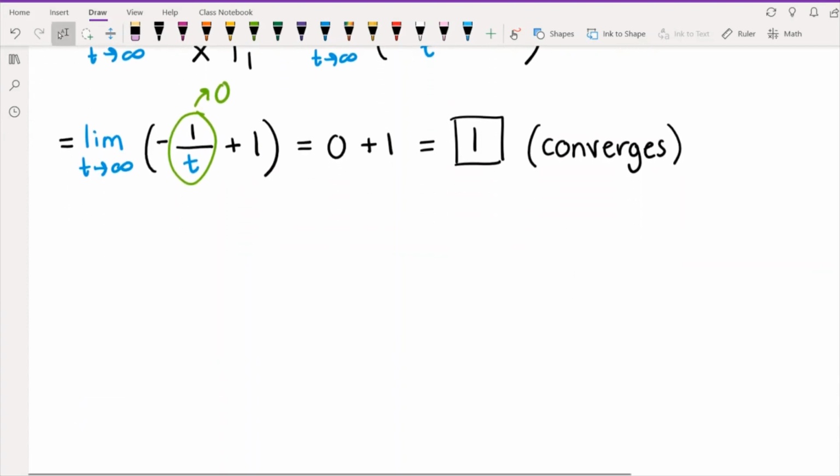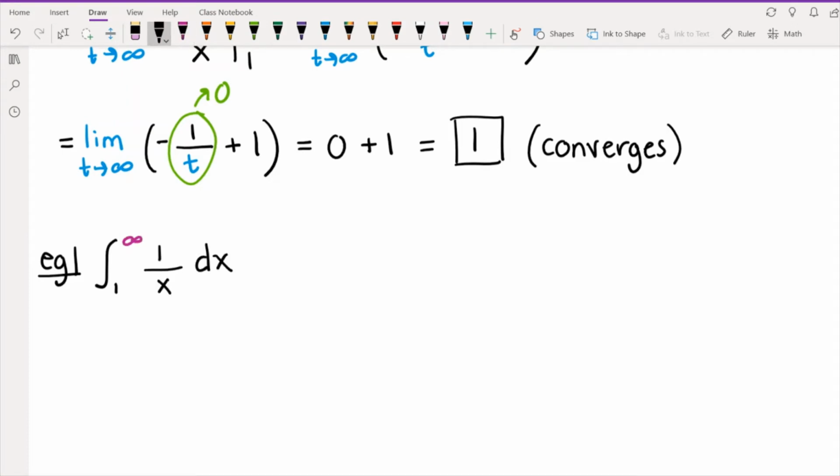Okay, so I want to do another example that is very similar. Maybe I'll use a different color. Let's do magenta. What if we just change it to 1 over x, which is a very, very similar function to 1 over x squared? So let's see what happens if we do that. Again, how do we actually evaluate this? Well, we can't leave infinity as our upper bound.